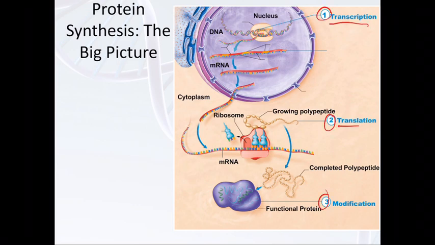Okay, transcription is going to happen in the nucleus, and the whole point of transcription is using the DNA to make messenger RNA. Okay, that messenger RNA is going to make its way out of one of those nuclear pores. It's going to meet up with a ribosome. Right, it gets fed right into this ribosome.